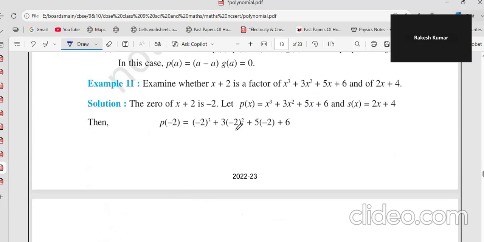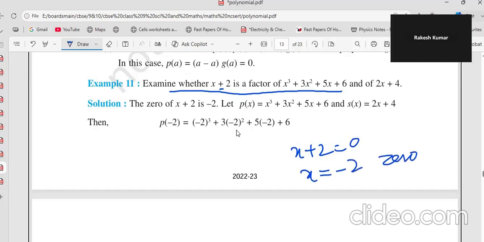I'll explain what I mean. So he says examine whether x plus 2 is a factor. If x plus 2 is a factor, then x is equal to minus 2 is a 0. I told you, if a is a 0, then x minus a is a factor.